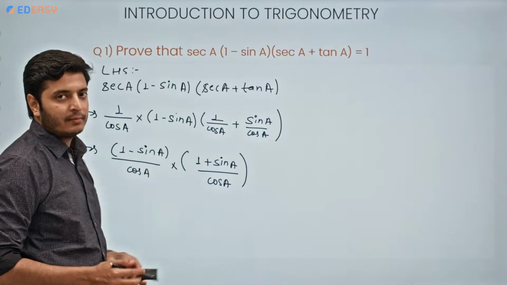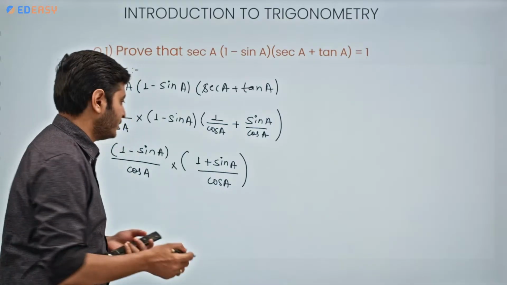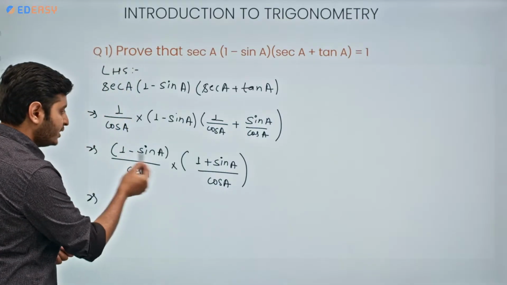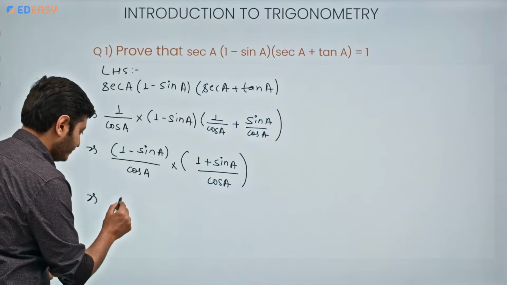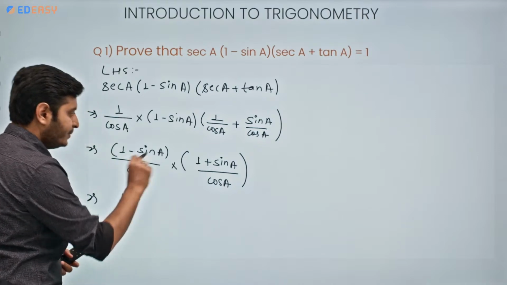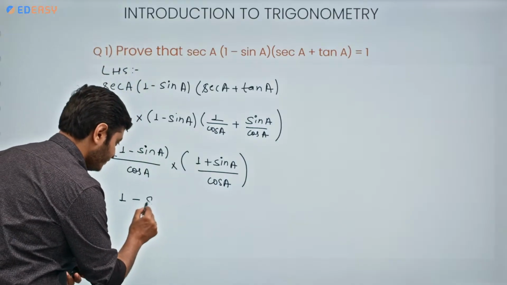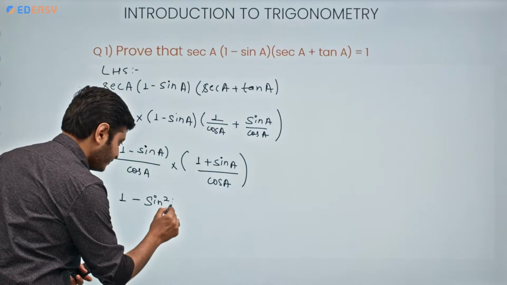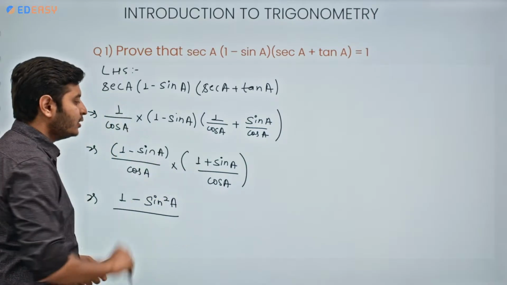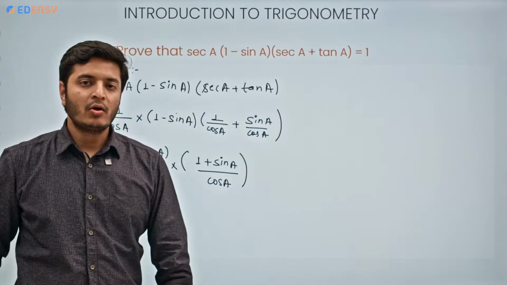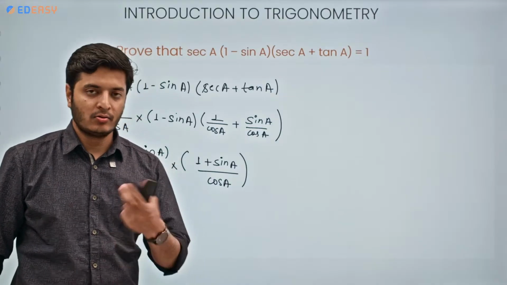It will become A square minus B square. So A square is 1 square, 1, minus B square is sine square A, correct? And in the denominator, what do we have? Cos A into cos A, so cos square A.